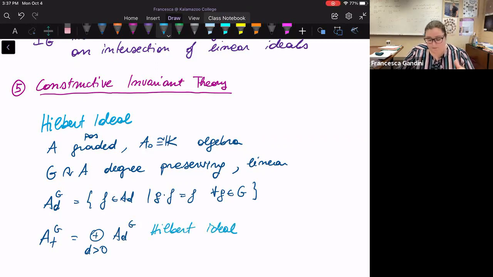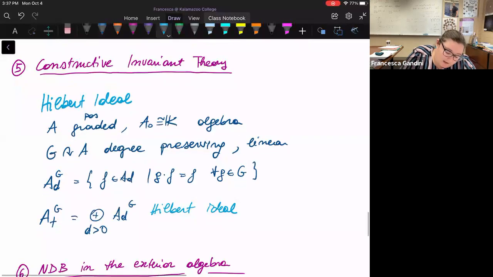And I have several cute lemmas in my paper. To make it an ideal independent of commutative and non-commutative, I should say left Hilbert ideal.